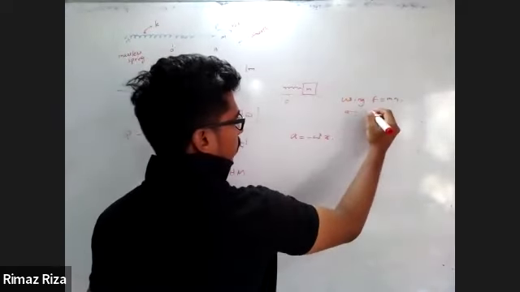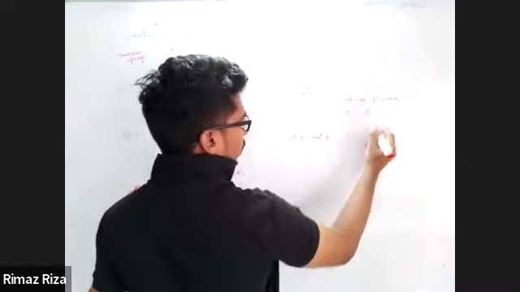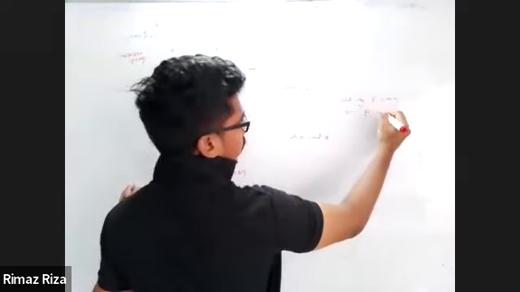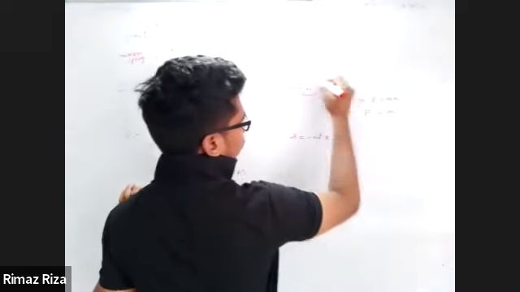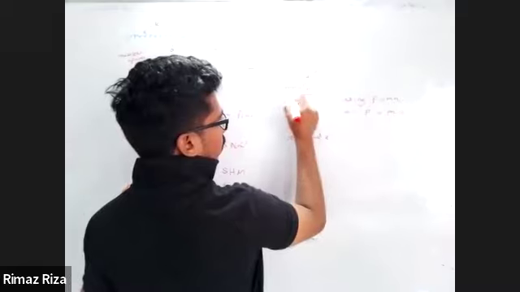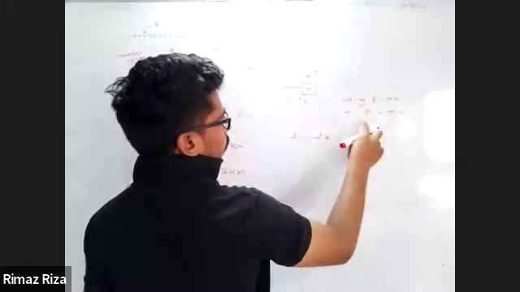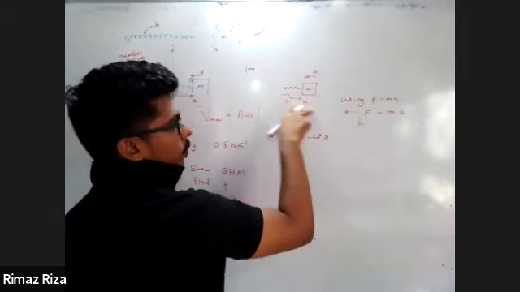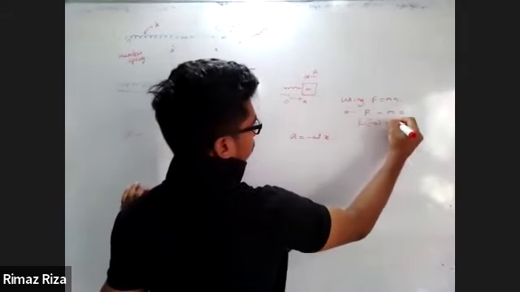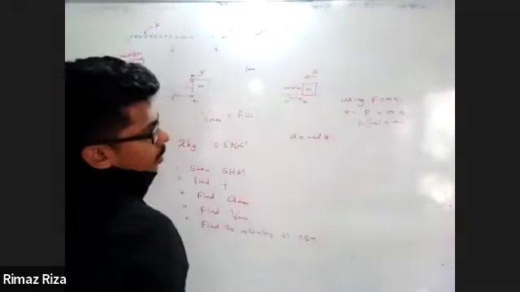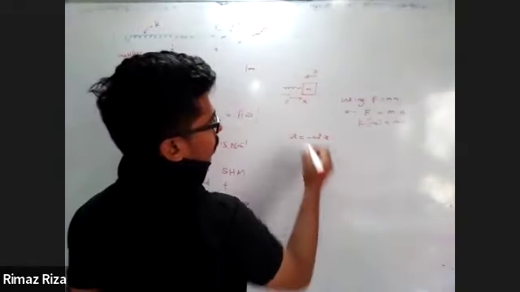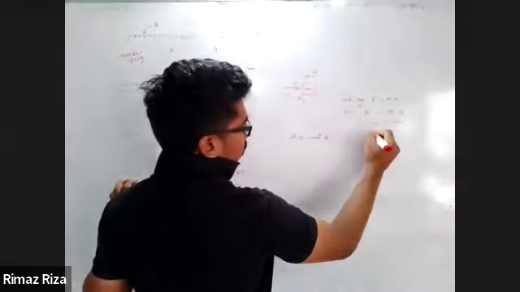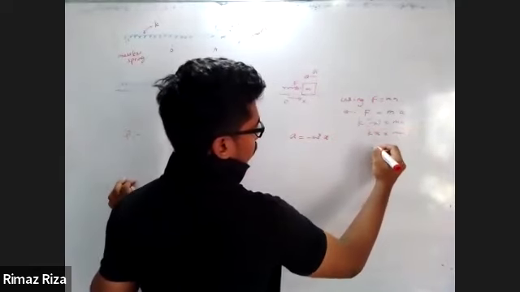So the force in this direction equals mass times acceleration. The spring force is k times x in this direction, but the displacement is in this direction. So we have minus kx equals ma.